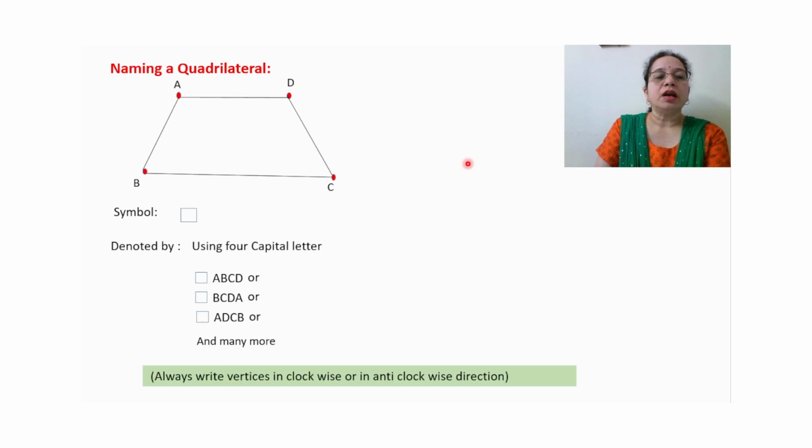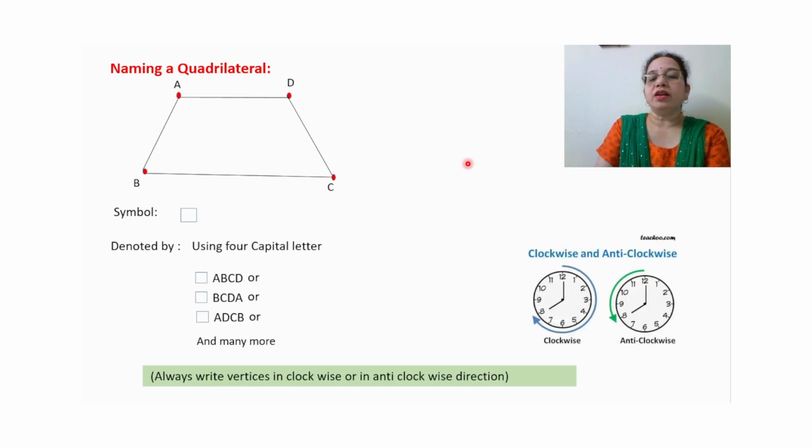Many ways are there, but always we write in clockwise or anti-clockwise order. We can write ABCD, or we can write ADCB, but we cannot write A, D, then B and C. All of a sudden, any vertices we cannot write. We need to follow clockwise or anti-clockwise direction.